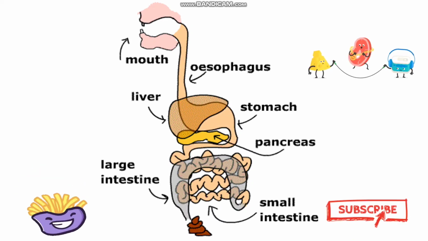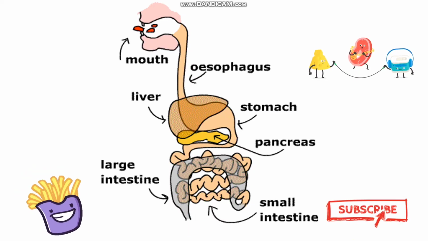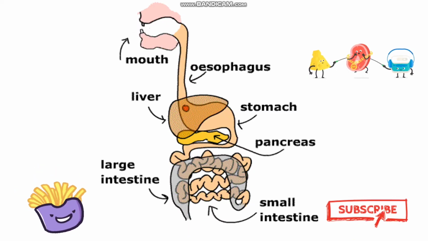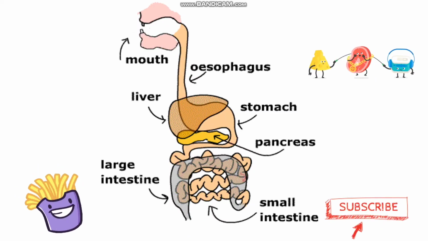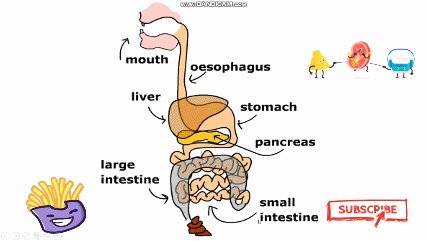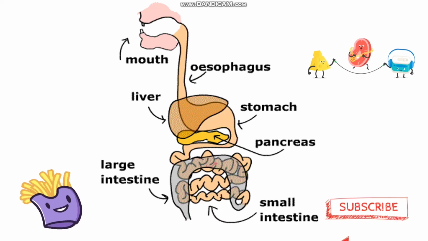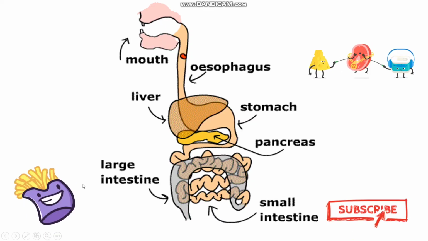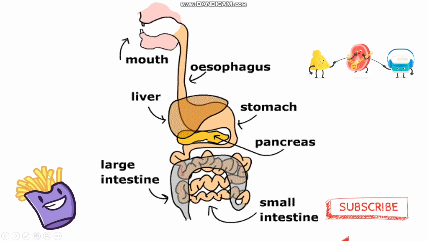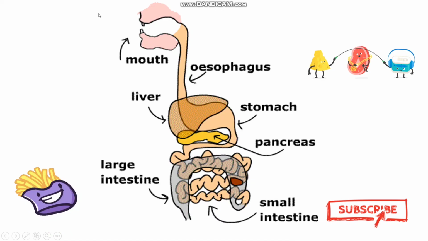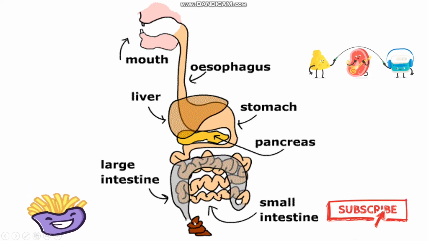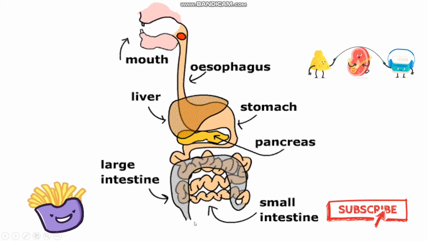From mouth to the esophagus, then to the stomach, then to the small intestine, and then to the large intestine, and then finally to the anus, and it results as the feces. So this is how the whole complete process of digestion takes place, and the journey of food through the digestive system is about 9 meters long. So the food travels from here till here and it is 9 meters long.